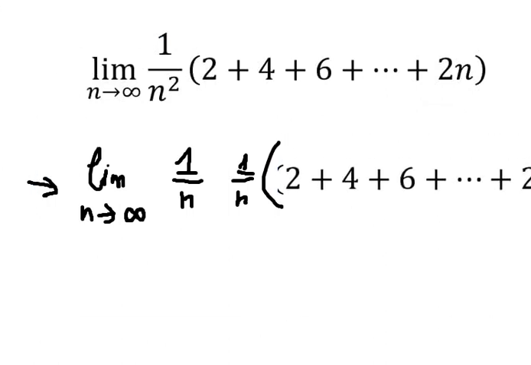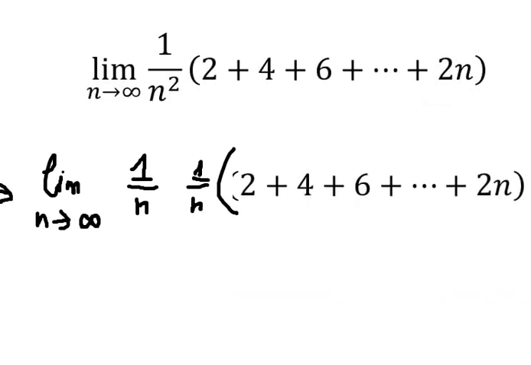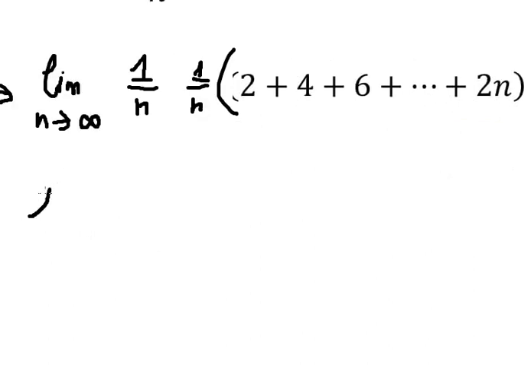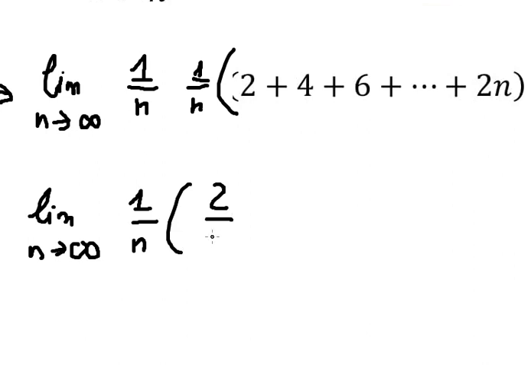So in this situation, 1 over n in here will multiply by this one in here. And we have 2 over n plus 4 over n plus 6 over n and so on.